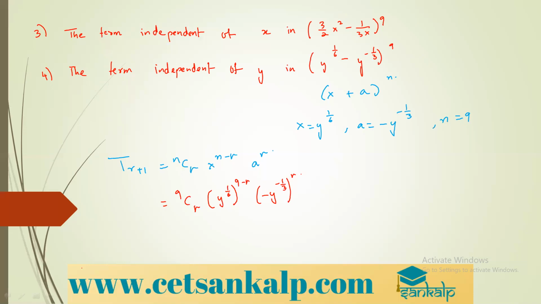Now I will take y separately. That means I will separate 9Cr, y power 9 minus r by 6, then minus 1 power r, and y power minus r by 3.